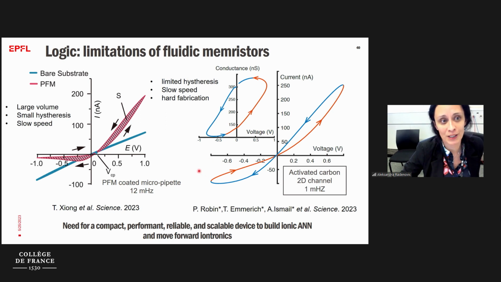And now, knowing that this is possible, we have started to think about what could be improved on this system. In parallel, there was also work based on functionalized nanopipettes, but both systems, as we see, have one fundamental difficulty, which makes it challenging to integrate them in real functioning networks.